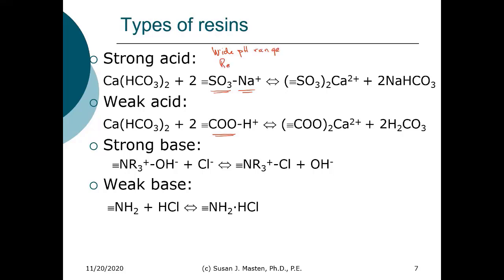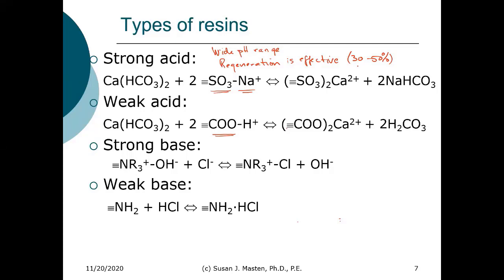However, regeneration is less effective, typically about 30 to 50%. And when we talk about regeneration, those of you that have a softening unit in the home, you operate the unit typically in a sodium mode.